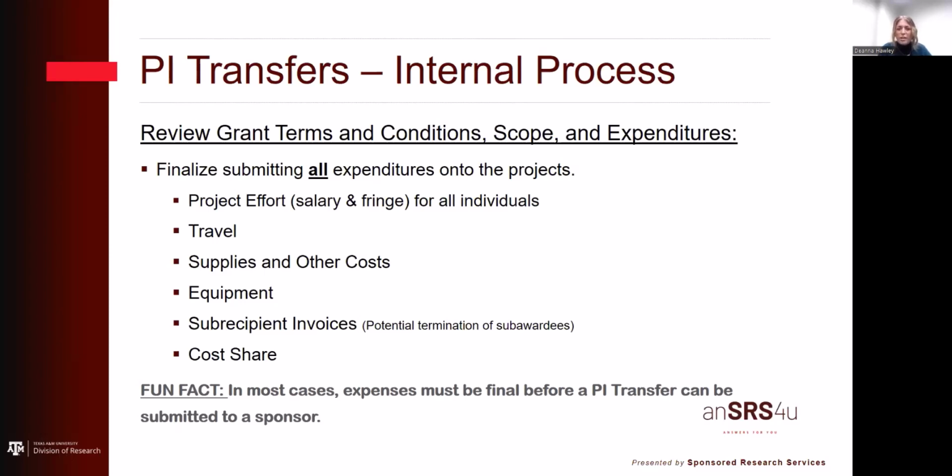Looking at that project effort, pulling those award budgets and those proposals to ensure that we are meeting our obligations still to maintain that project effort for the faculty, for the other personnel on the project. Making sure that we submit all of the Concur reimbursements for travel that is necessary to complete prior to the PI transferring. Any supplies or other costs that we might have incurred along the way, we need to ensure that those costs get submitted through our internal portals such as AggieBuy.